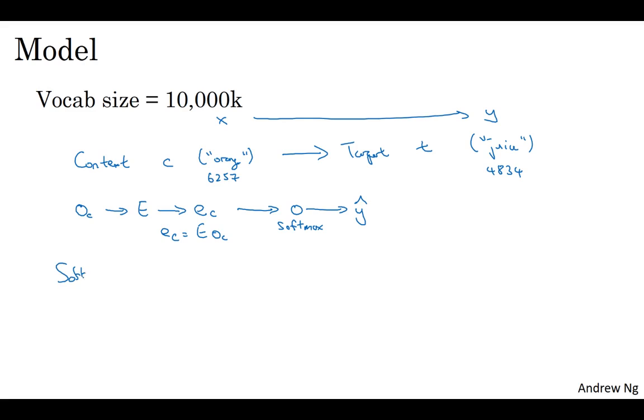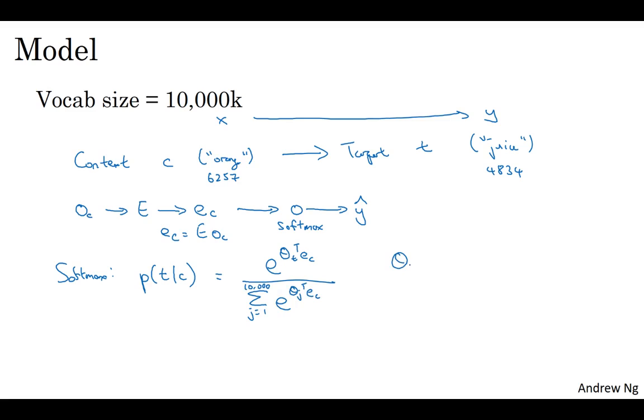So to write out this model in detail, this is the model. The softmax model estimates probability of different target words given the input context word as E to the theta T transpose EC, divided by sum over all words. I'm going to say sum from J equals 1 to all 10,000 words of E to the theta J transpose EC.